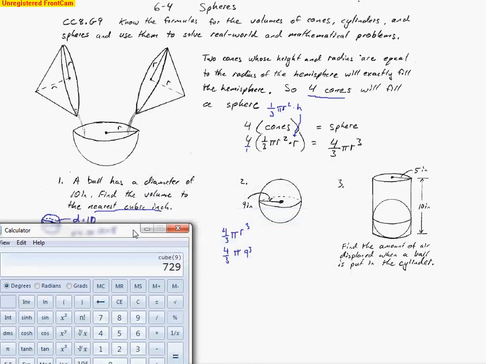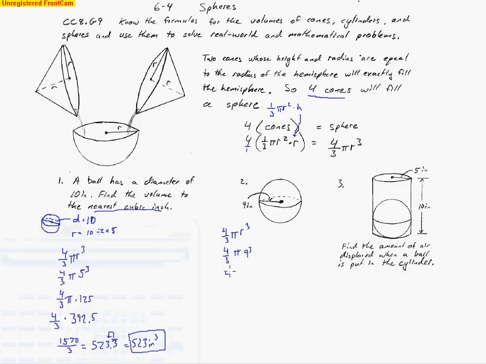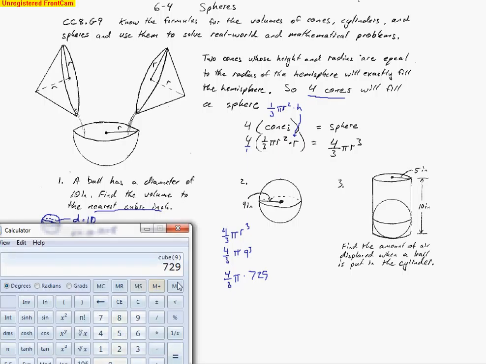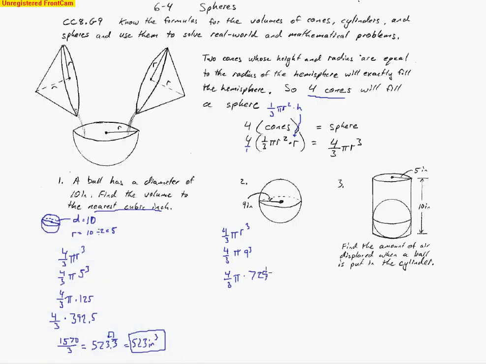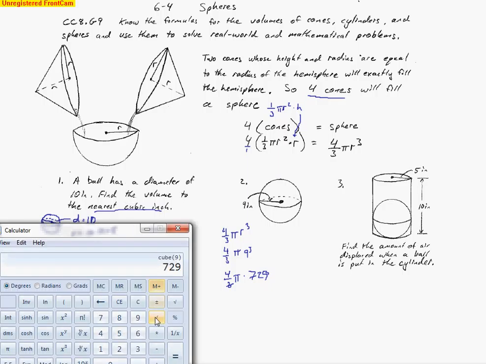Let's write the rest of the formula down: 4/3 pi times 729. This time I see that 3 goes into 729 since 3 went into 9. Let's see how many times 3 goes into the 729 when I do the division. We have 243.